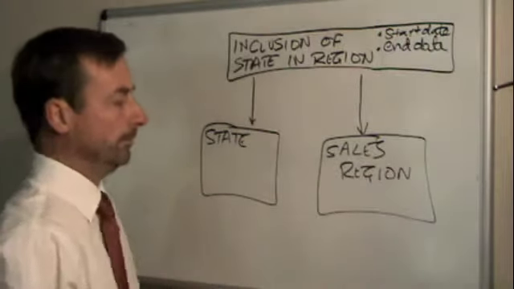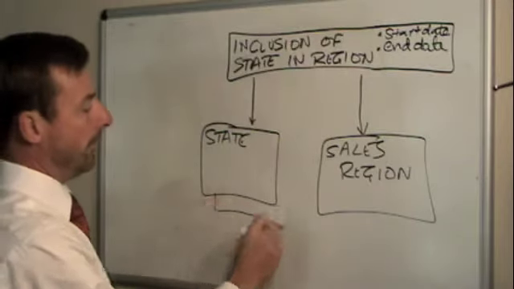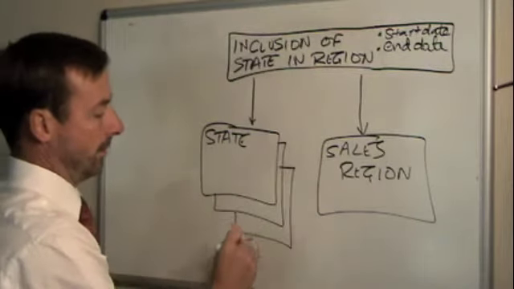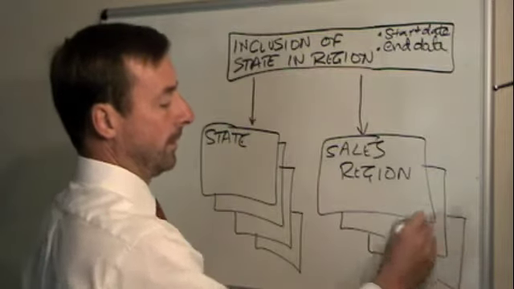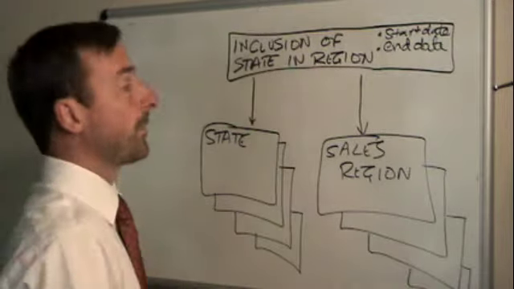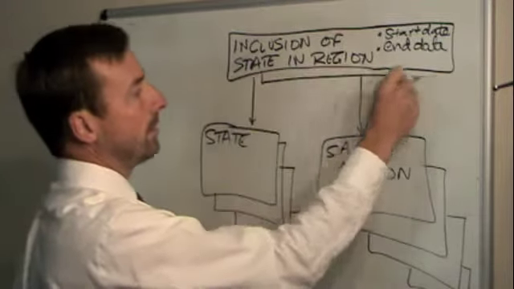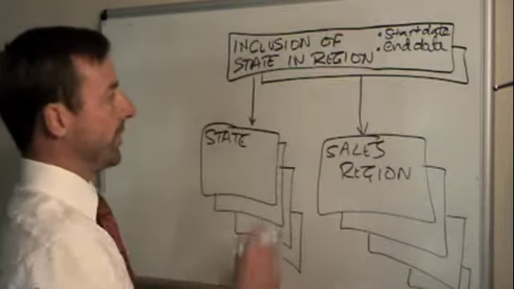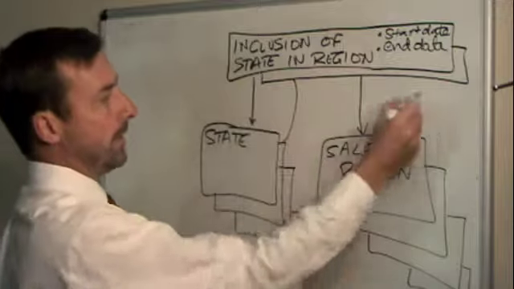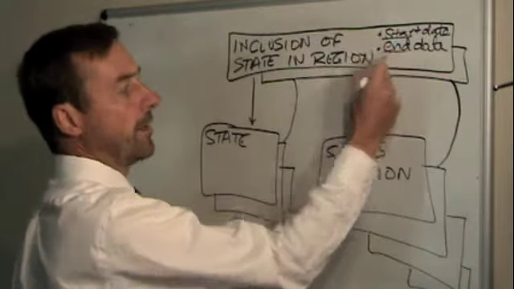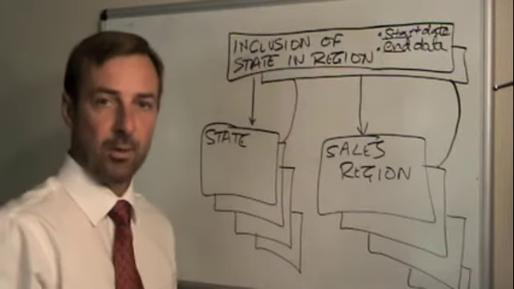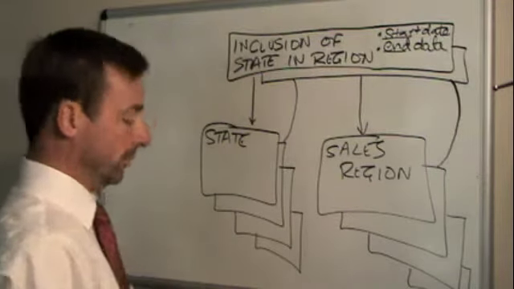So we may have a number of states and a number of regions. Each one of these inclusions says this particular state is in that particular region for this period of time. That's how the traditional model would look.